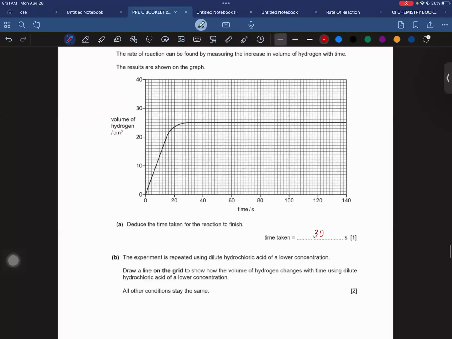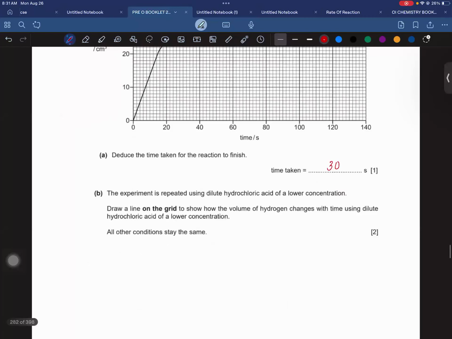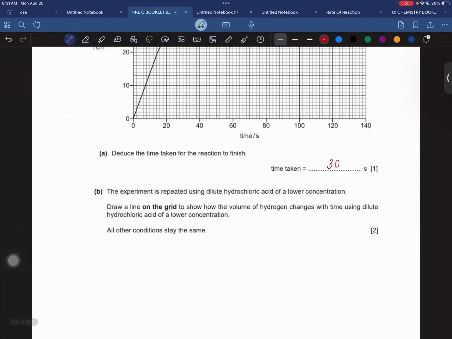Now, how can you say regarding B? What should it be?